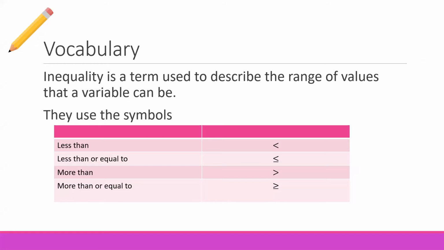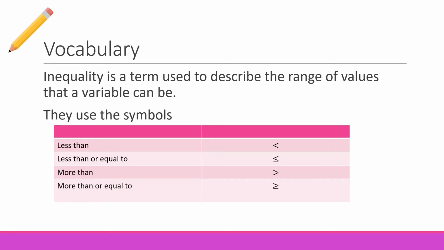Let's talk about today's lesson. Let's get away from the philosophical to get into the nitty-gritty of mathematics, which is, I guess, a type of philosophy. Anyway, vocabulary. I'd like you to jot this down. Inequality is a term used to describe the range of values that a variable can be.